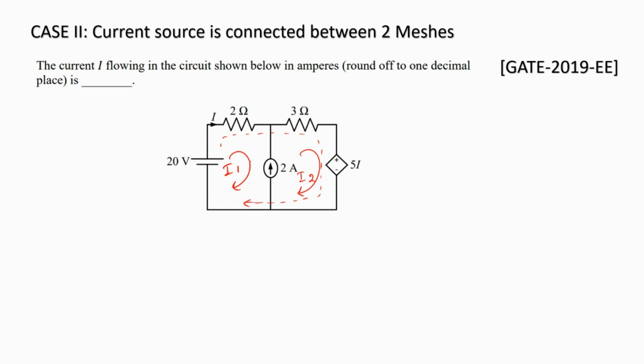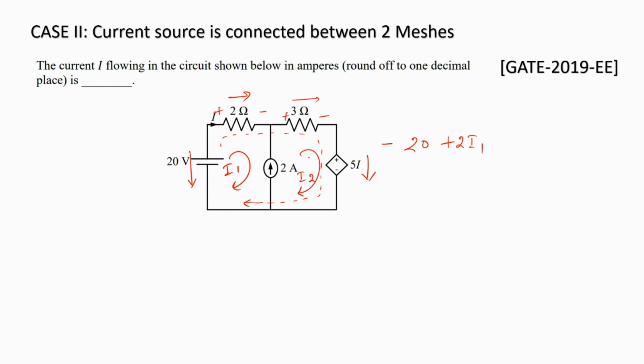We can write the equation for this supermesh proceeding in the same way that we usually do. Marking the voltage drop directions, we get minus 20 in this case, because the direction of I1 opposes V1, and through the 2 ohm resistor we have I1 flowing, so 2 I1.